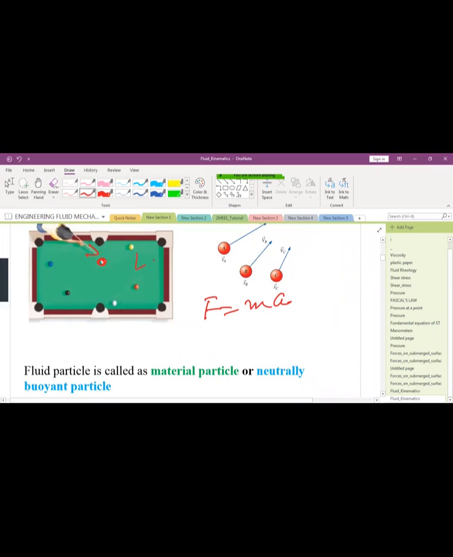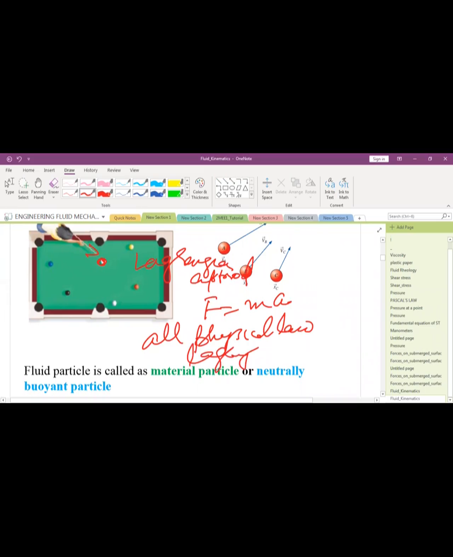So, and this is Lagrangian approach. So please remember, all physical laws have been originally or inherently developed for Lagrangian approach. जैसे इसका मुझे मोमेंटम कंजर्व करना है या इसकी काइनेटिक एनर्जी करनी है, half mv square. So what I am concentrating on, this mass of ball, that is the control mass.